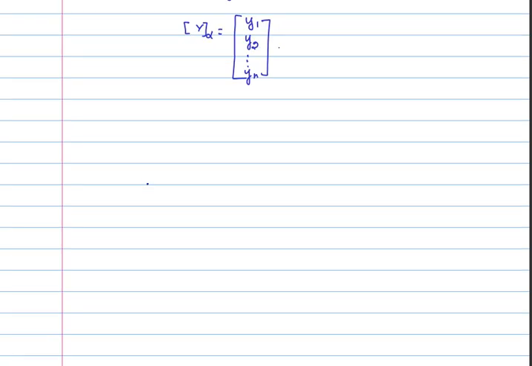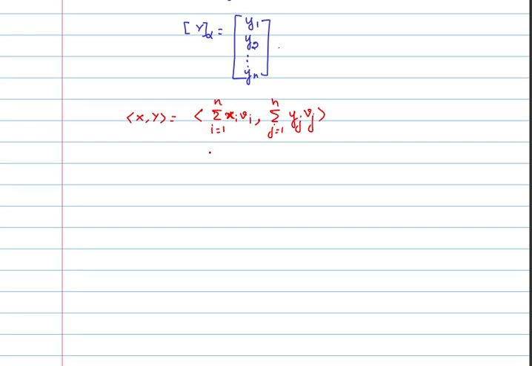Now take the inner product x comma y. How can we represent it in terms of the coordinate vectors? We can write it as the summation i equal to 1 to n of xi times vi, comma, summation j equal to 1 to n of yj times vj.